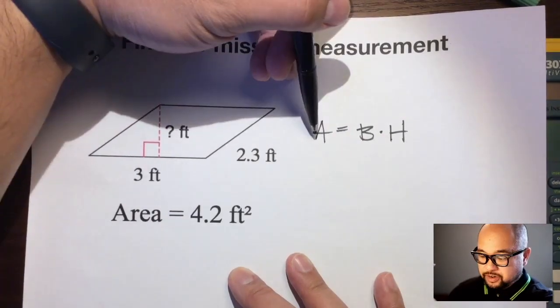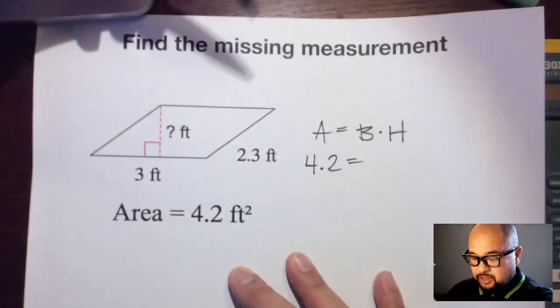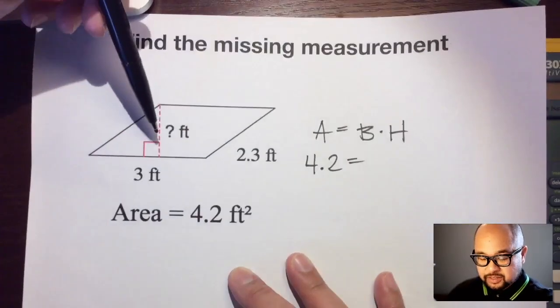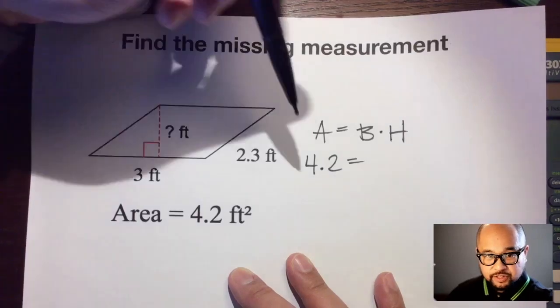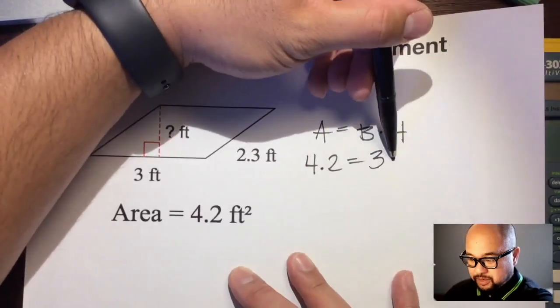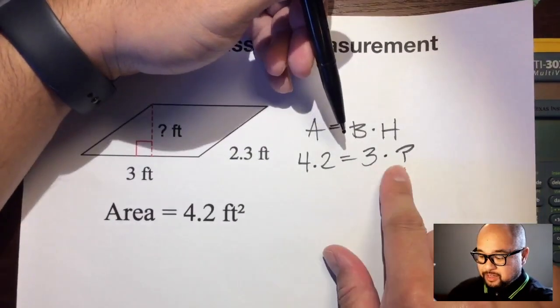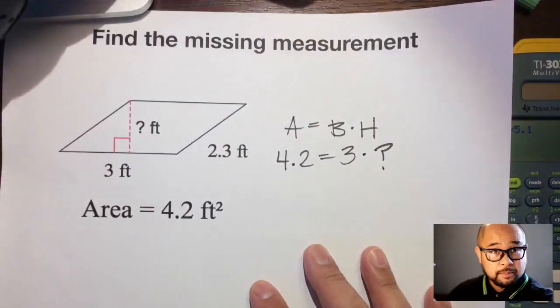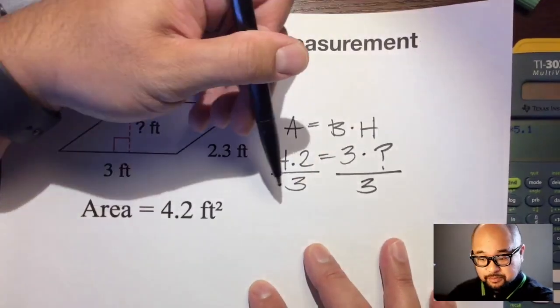So let's just substitute some numbers. We know the area here is 4.2 equals our base times height. What two sides are perpendicular? The 3 and the question mark. So we have 3 times question mark. These are multiplying each other. Opposite of multiplication is division. We'll divide both sides by 3.